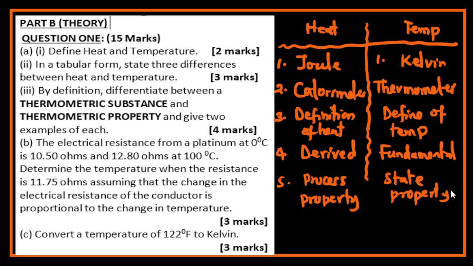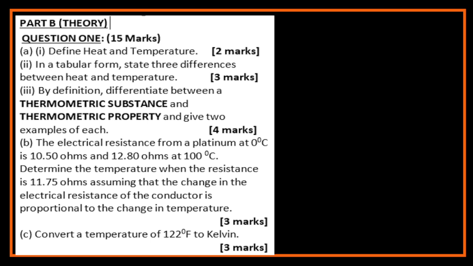Alright. So that takes us to the next. According to what we have here, it says by definition, differentiate between thermometric substance and thermometric properties and give two examples of each. So what is a thermometric substance again? Anybody?